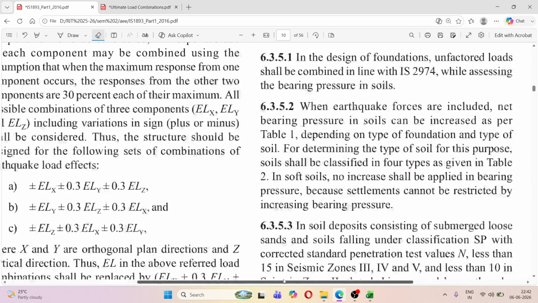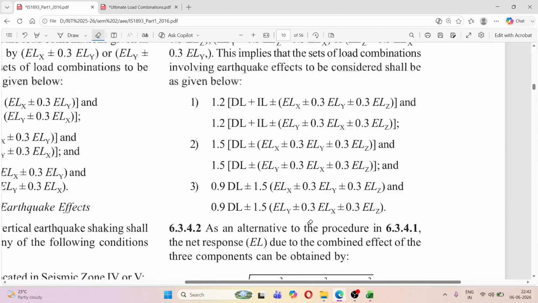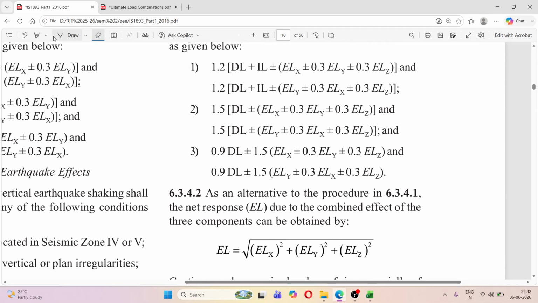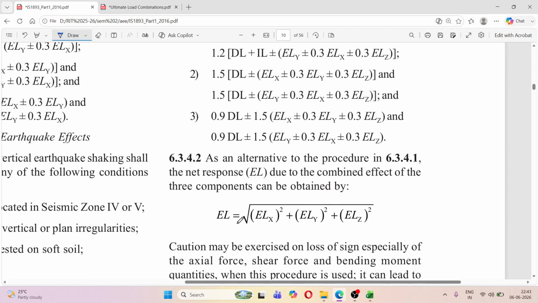Now the last case is if your columns and shear walls, the lateral load resisting elements, are oriented at a 45-degree angle spatially, then you have to consider this load combination, which is SRSS.